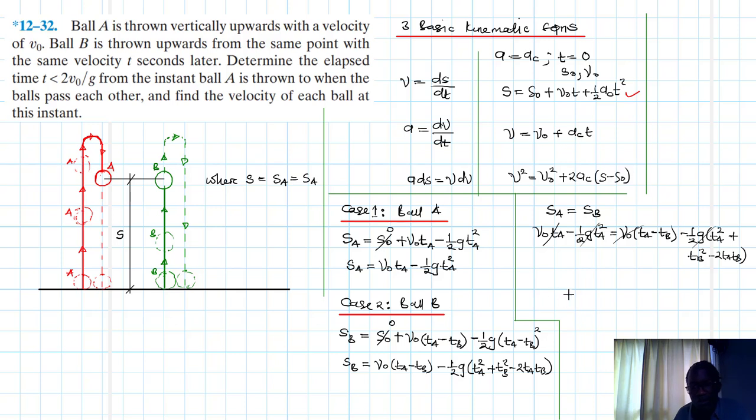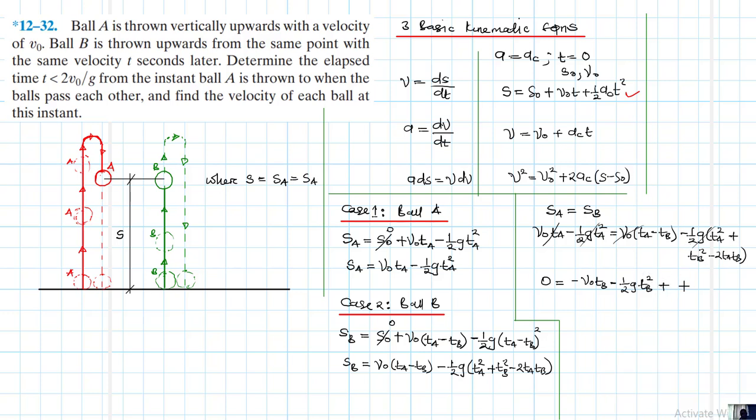So therefore, what do we remain with? We just remain with a 0 this side is equal to minus V naught TB. There, that one has gone, so we'll have a minus half over 2 G TB squared, and then a 2 and a 2 there goes.